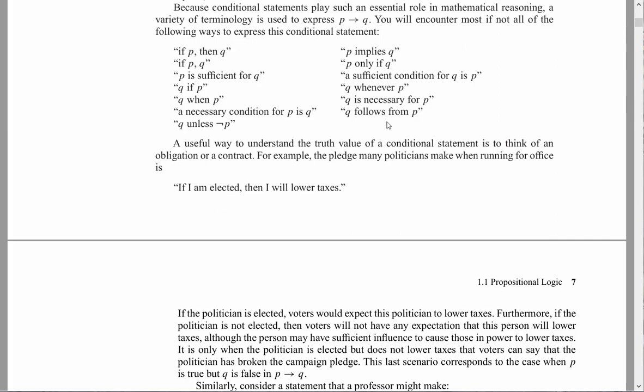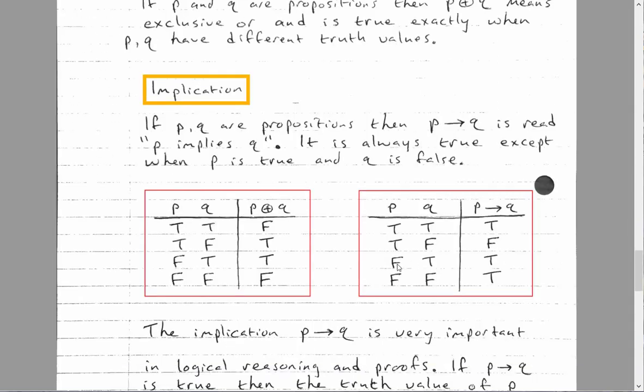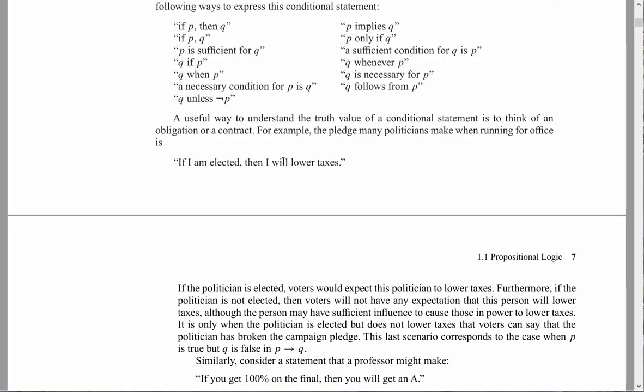Okay, so that's the tricky case we looked at. If the first proposition is false, then the implication is true. It doesn't matter if he lowers taxes or raises taxes. So if he doesn't get elected, then this is automatically going to be a true implication.